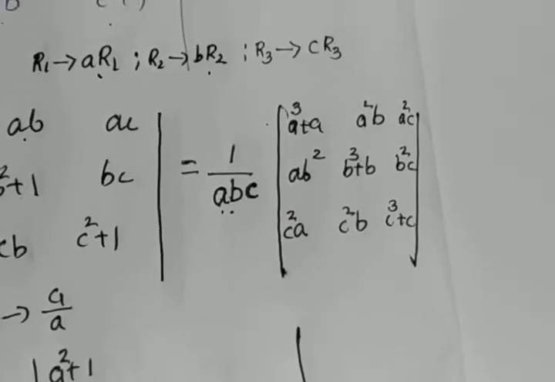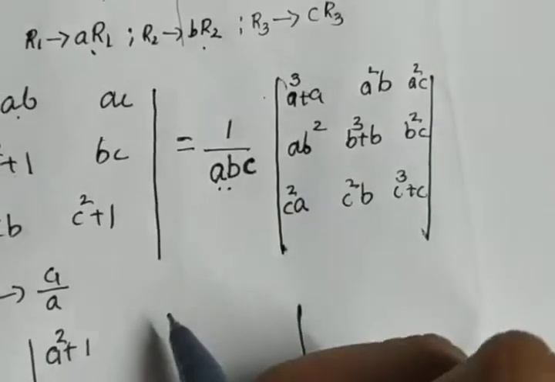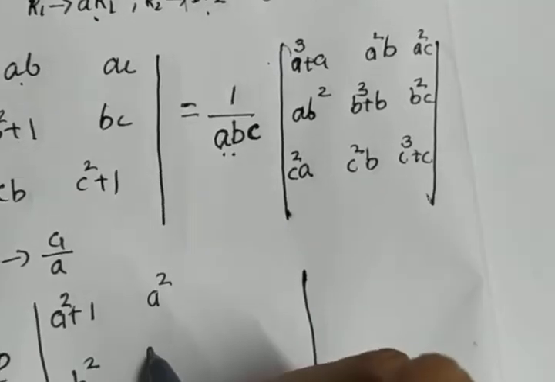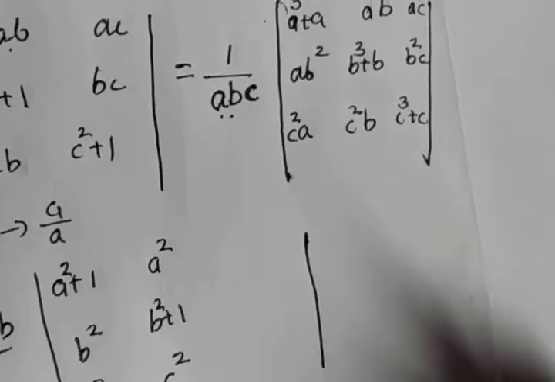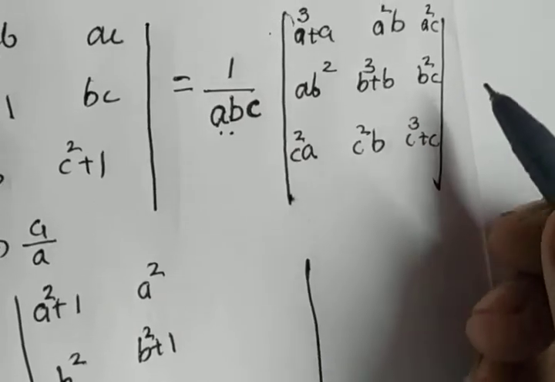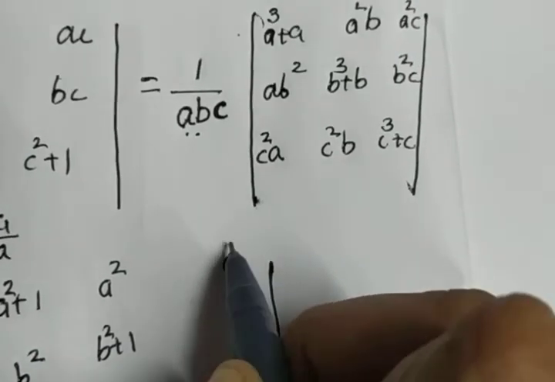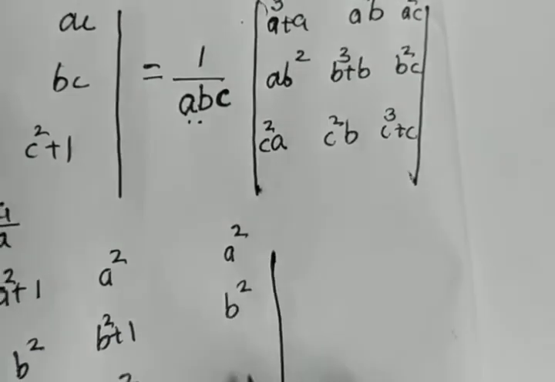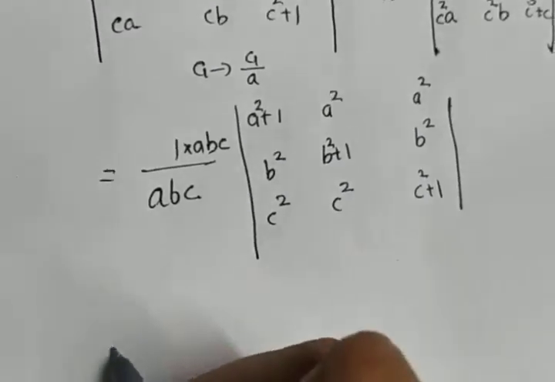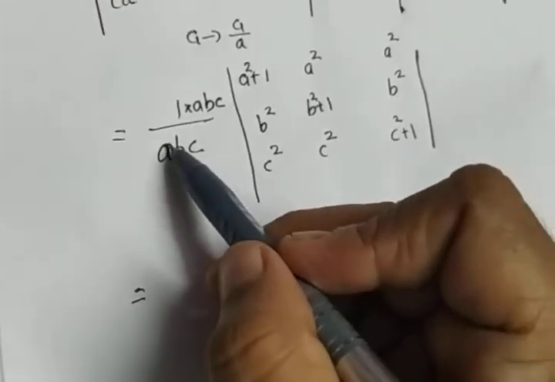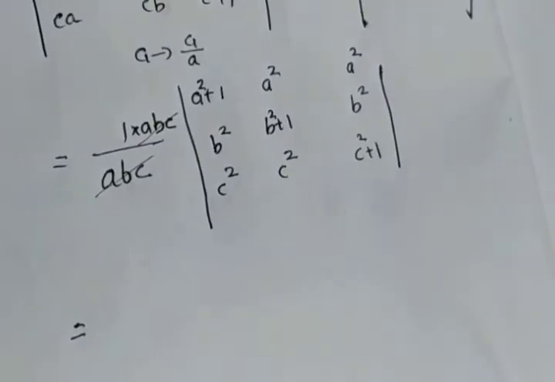From the second column I can take b outside, and the balance is a square, b square plus 1, c square. From the third column I take c outside, and that column becomes a square, b square, c square plus 1. Now what happens to the outside term? Constant a gets cancelled, b gets cancelled, c gets cancelled. So the complete constant got cancelled.